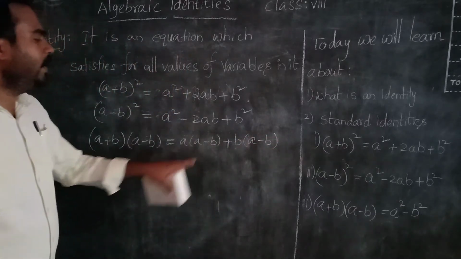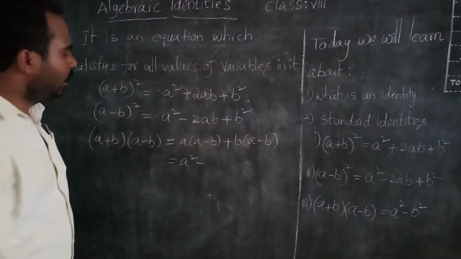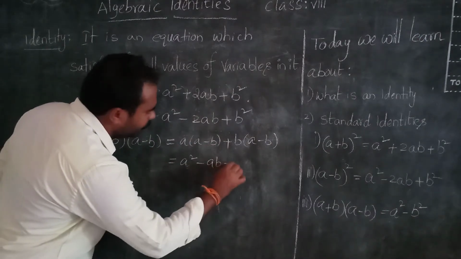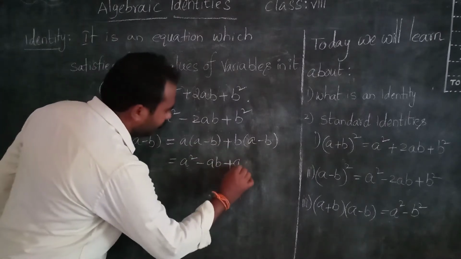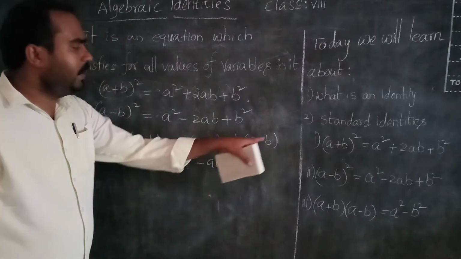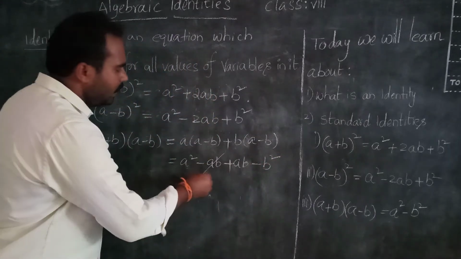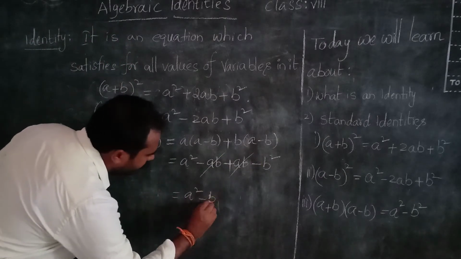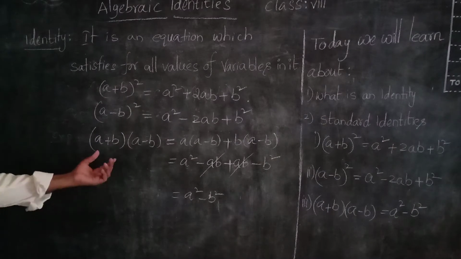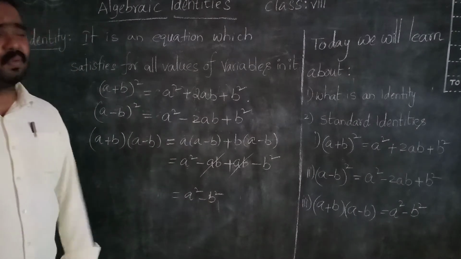Again, a into a, a square, minus a into b, ab, plus b into a, ab, minus b into b, b square. So here minus ab plus ab gets cancelled, leaving a square minus b square. That means (a plus b) into (a minus b) is equal to a square minus b square.